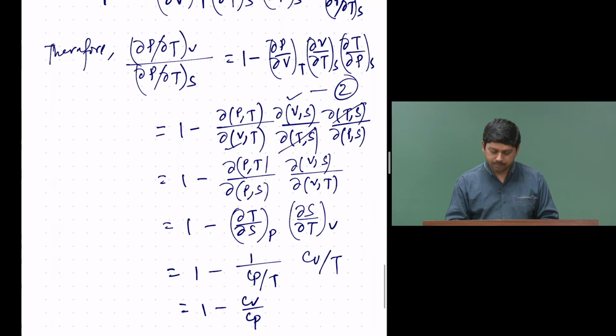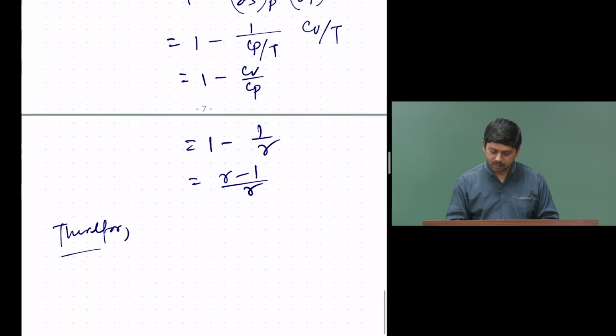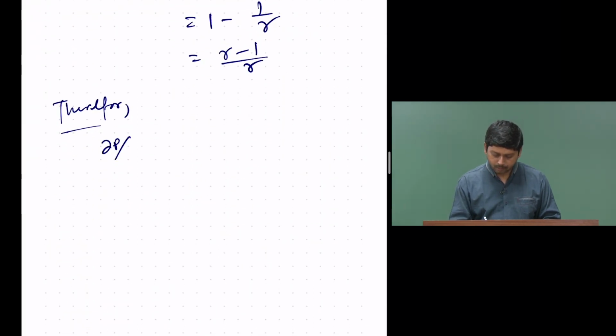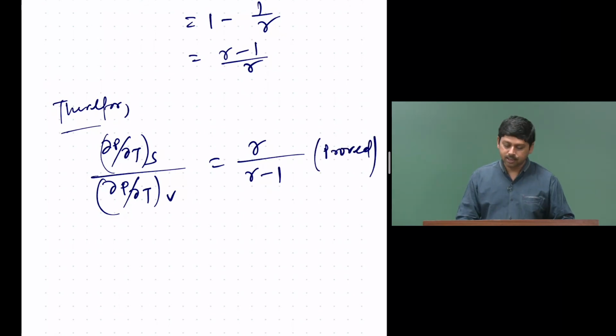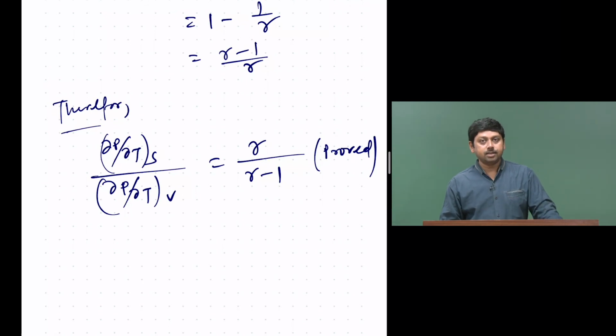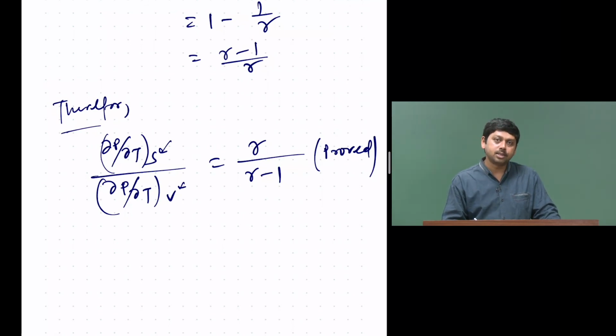So, therefore, what we wanted is the inverse of this: del P by del T at a constant S by del P by del T at a constant V is gamma by gamma minus 1, and that is proved. Also, another interesting thing to note is that just by changing the constraint, the values are very different. They are not equal to 1. When you take S as a constraint and V as a constraint, the change in pressure with respect to temperature is not the same, because the process itself is different.